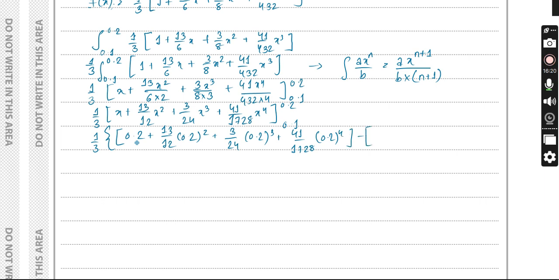Now working with 0.1, this would be 13 by 12, 0.1 squared, plus 3 by 24, 0.1 cubed, plus 41 by 1728, 0.1 to the power 4.